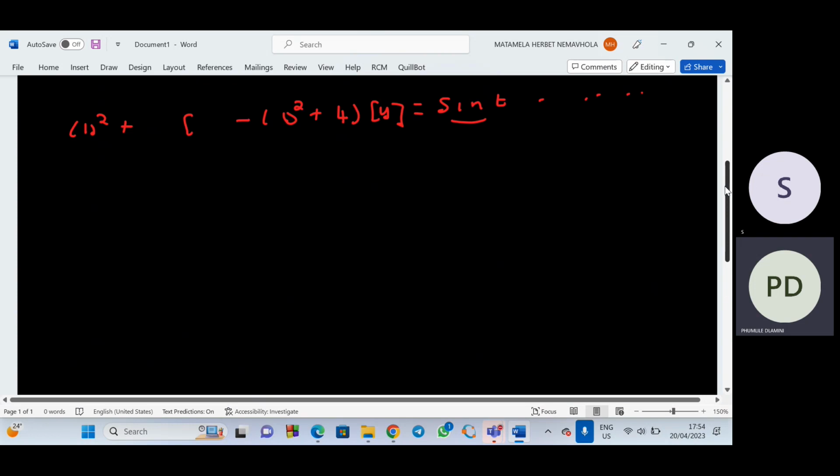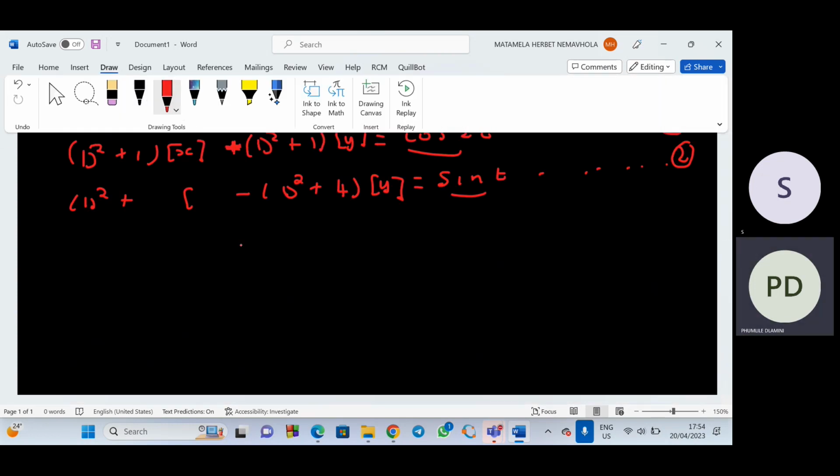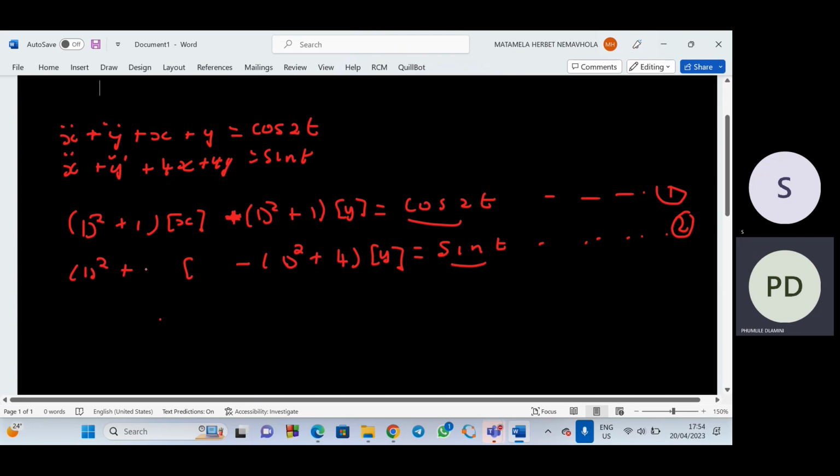All right, so let's continue. Then I will write here, what was it before? Let me see. Okay, it's fine. It was d squared plus 4 here, and then here was x again, and minus.